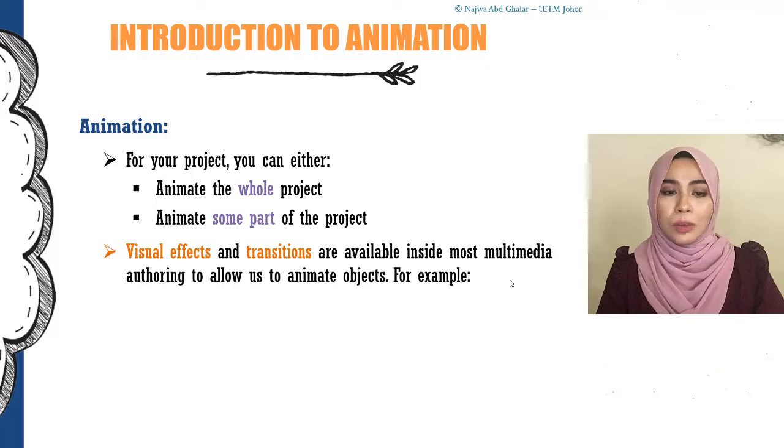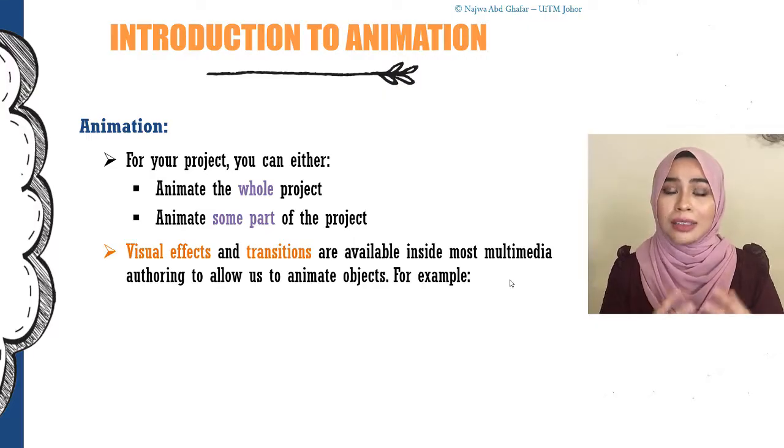When it comes to animation, you can either animate the whole project or you can animate some part of the project. If you animate the whole project, then it can become a video. For example, you have Upin Ipin and SpongeBob SquarePants, where the cartoons are drawn and created as animations.